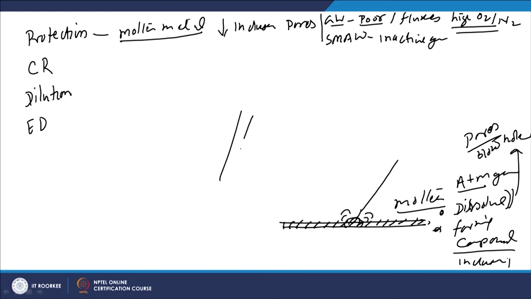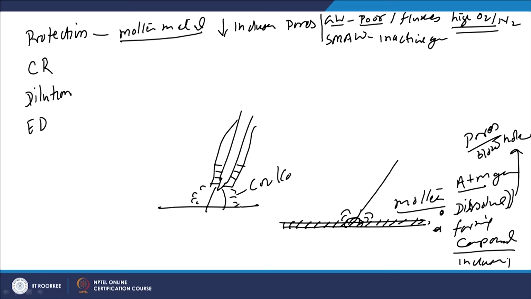There is an electrode having a coating all around the core wire. An arc is established between the substrate and the electrode, and due to the heat of the arc, the flux coating is thermally decomposed and produces inactive gases all around, in the form of CO and CO2.